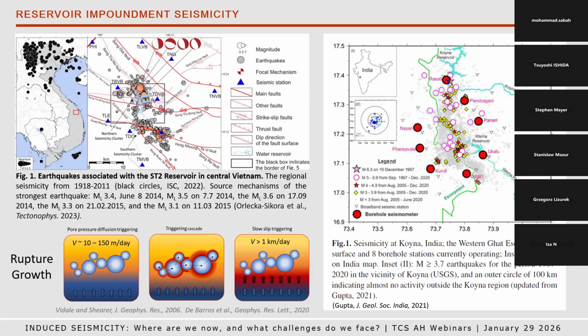The system is forced. The geometry of the seismogenic zone and also the size of the impacted area is limited. So from one point of view, we would expect that the earthquake preparatory process will be much clearer than in natural tectonic settings.